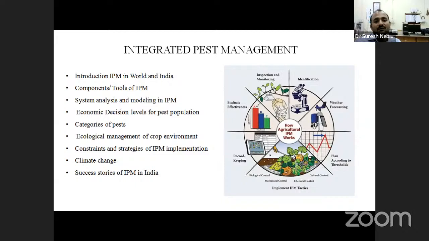So you don't have to read or remember each and every insect's life cycle. Peculiar, definitely, when you are studying in your courses, you are going through that.